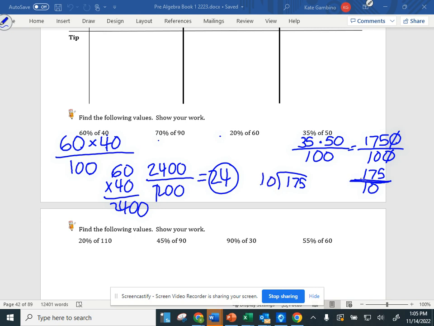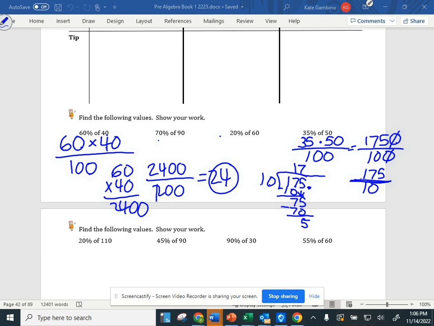How many times can 10 go into 17? Once. 17 minus 10 is 7. I'm going to bring down my 5. How many times can 10 go into 75? 7. So 75 minus 70 is 5. So then I am going to go into my decimals. Because I can't have a remainder, I'm not going to say 17 remainder 5.